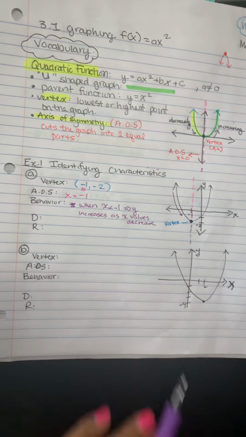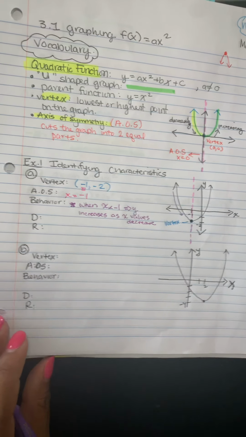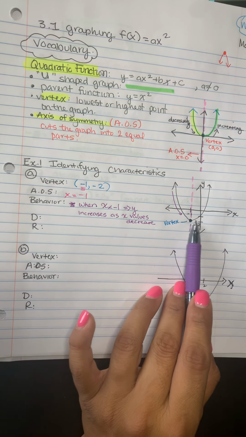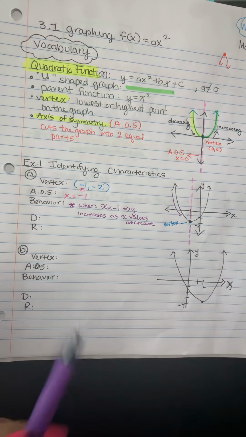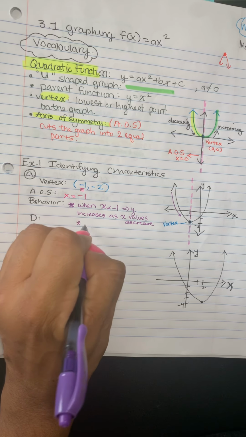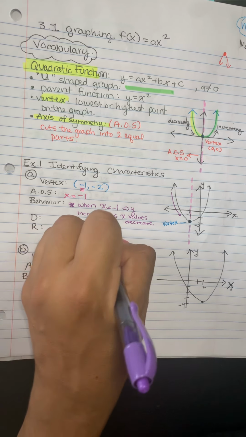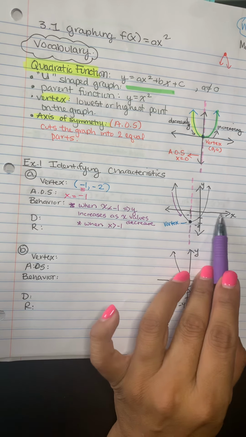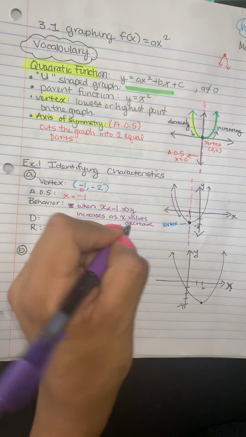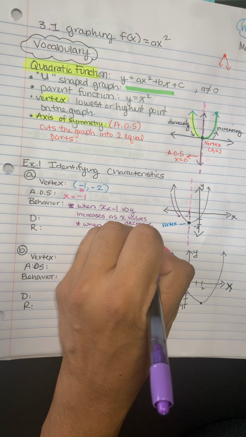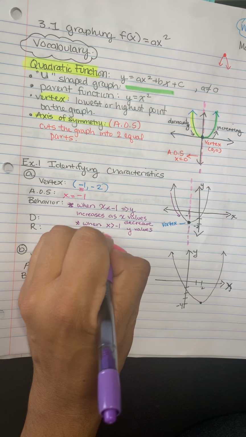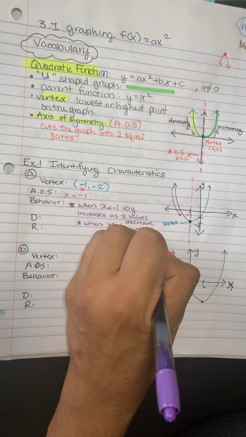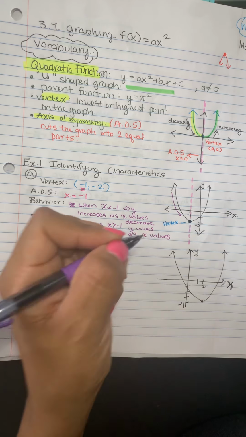Okay. So that's when this is to the left of the vertex. If we're reading it to the right of the vertex, again, I'm running out of room, we can put when x is greater than -1, so everything to the right, our y values increase as x values increase.